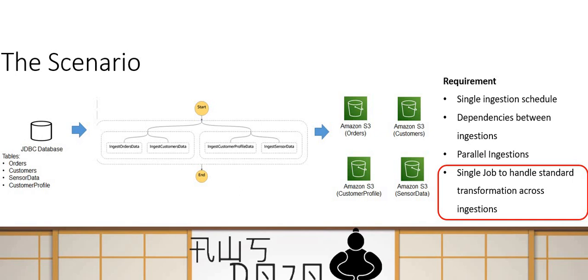But there is a method available where you can handle individual transformations for each of the individual ingestions. That's a solution, and that's the scenario I want to focus on today.